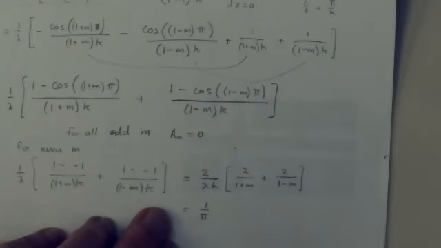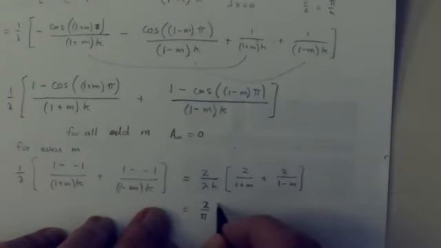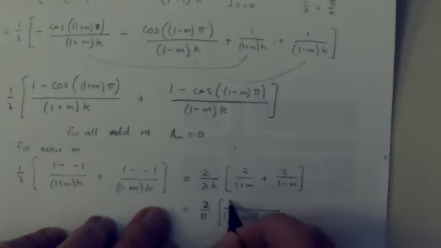And then you have to figure out how would you simplify that. Take the 2 out, 2 over pi, and put it over 1 plus m times 1 minus m. Does this get any simpler? I'm not sure. So this would be 1 minus m plus 1 plus m.